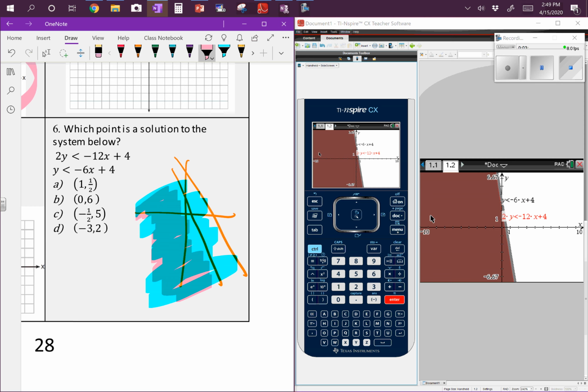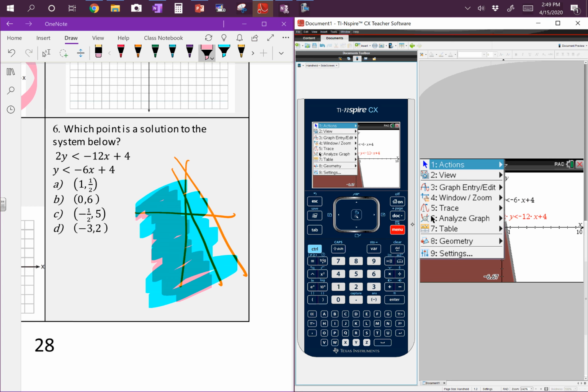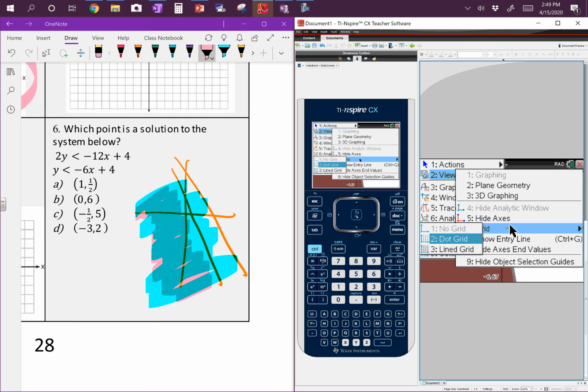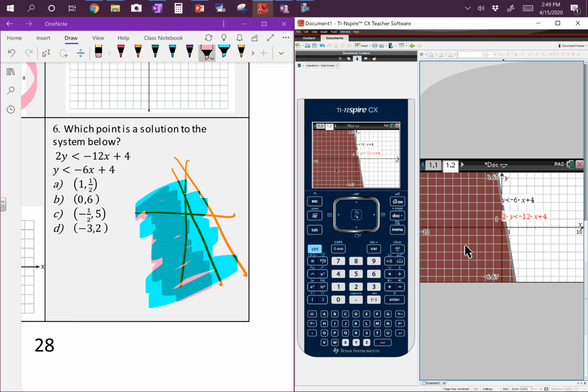I want to get the lined grid on here so that we can take a look at this sucker. Let's take a look at 1, 1/2. 1, 1/2 is over in this white section over here. So A is not going to be helpful. That's not going to be in our solution. 0, 6 is all the way up here, also in our white section.